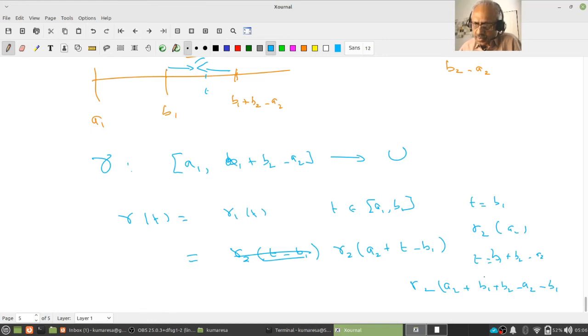Therefore B1 and B1 cancel, A2 and A2 cancel, giving gamma 2 of B2. Do you follow that? Just make sure you understand. I am explaining how I did that instead of simply memorizing such a formula.